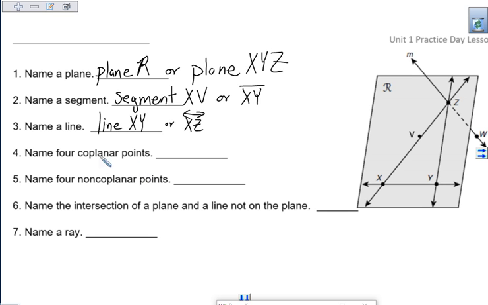The next one, name 4 coplanar points. So there are only 4 on this picture, and they are V, X, Y, and Z. Name 4 non-coplanar points. So what letter has to be in this?